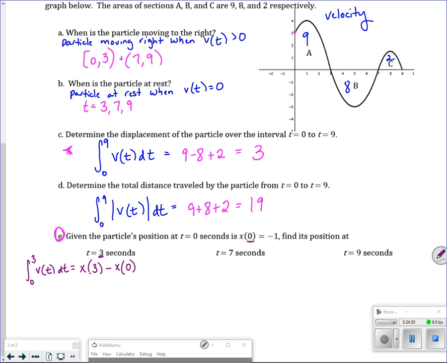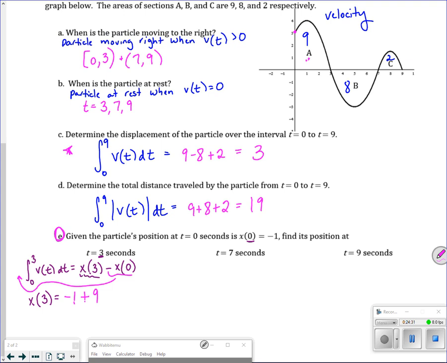Well, if I do that, I think you're with me that the position at 3 would be equal to, pop this guy over to the other side, x of 0, where I started, plus the change. What was the change?